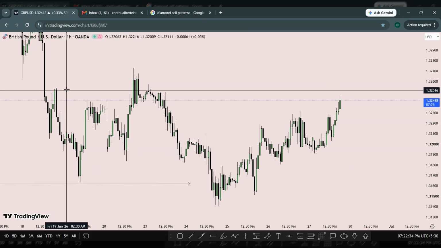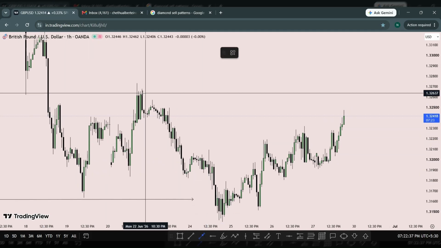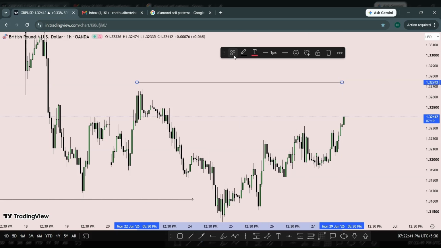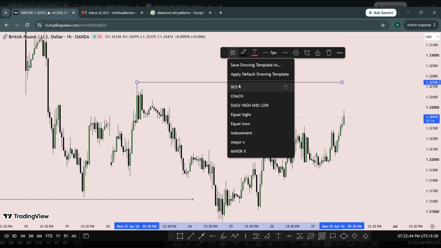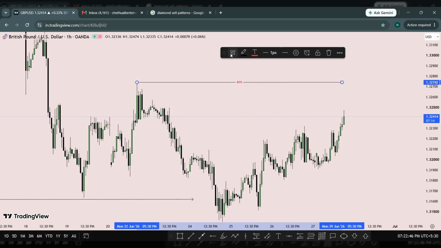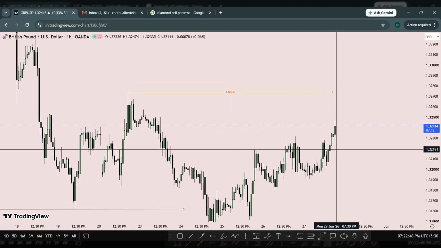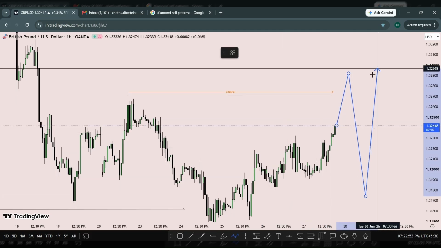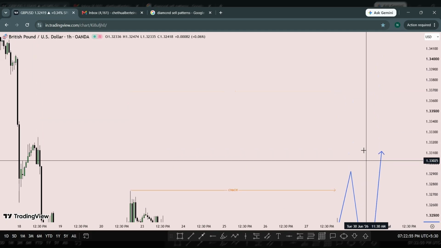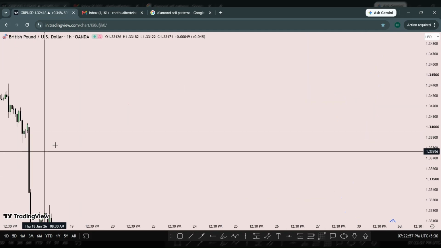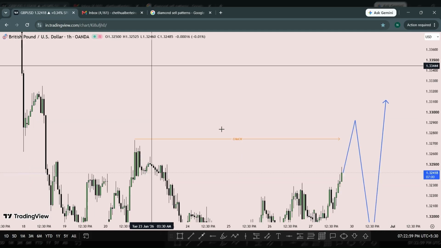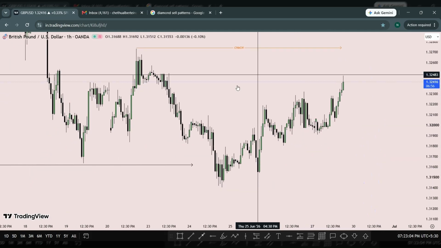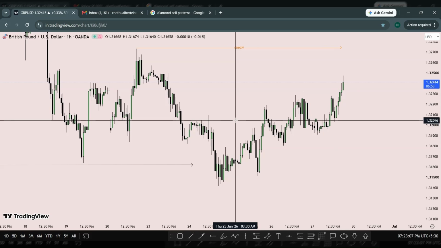If you really want to confirm the bullish trend, then this is the change of character. If price breaks this high and then reverses, then you can enter a long position somewhere here, and exit somewhere here. For now, the hourly chart also is not saying anything.